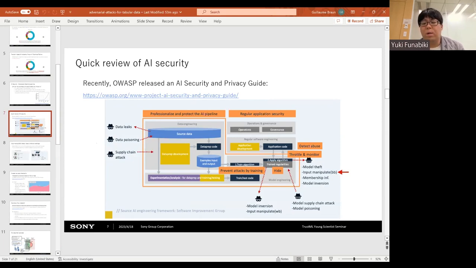For example, if the model shift attack or the model inversion attack could be achieved in a real use case, adversarial examples would be a more real threat. For the current situation, adversarial examples are a very big threat, but not really a real use case, because the attack capability needed is very high.